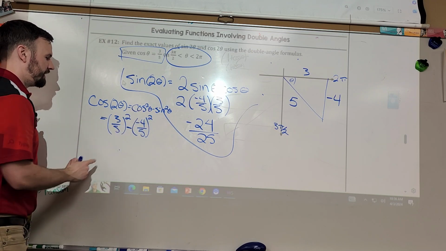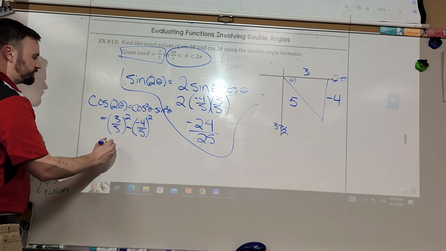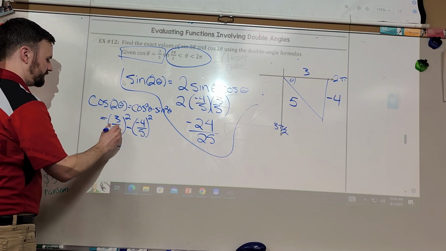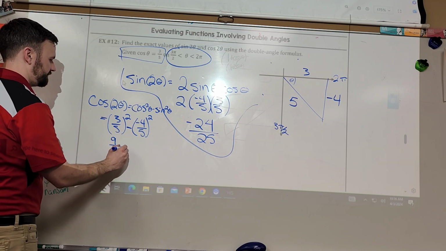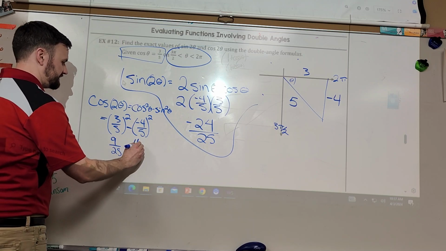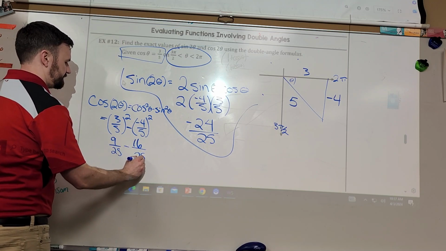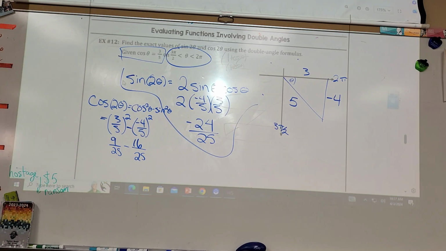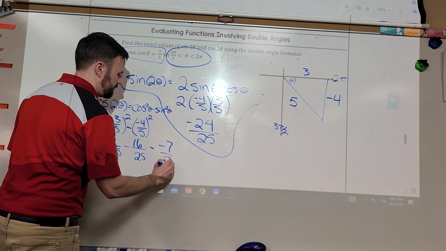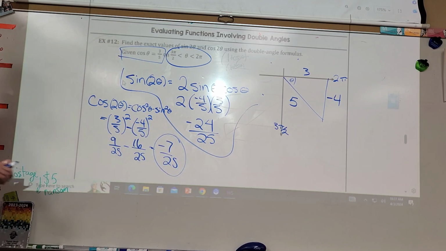Yeah, minus. All right. So what's 3 squared? 9 over 25. Minus what's -4 squared? +16 over 25, right? Because we're squaring it. And what's 9 minus 16? There you go. You could have done it any one of the 3 ways and you get the same exact answer.